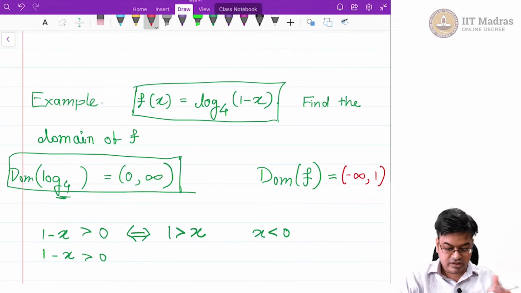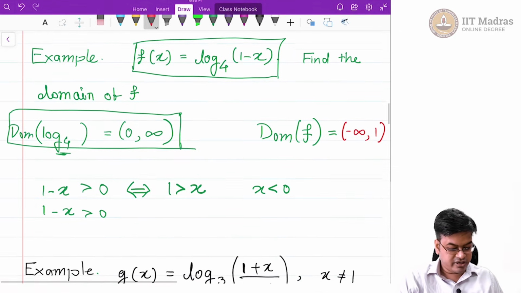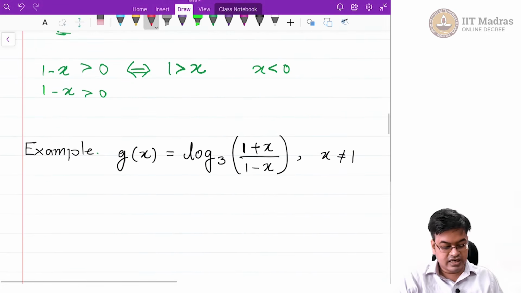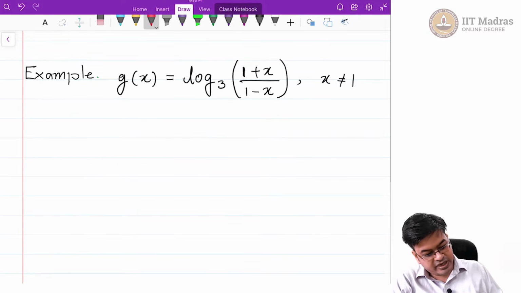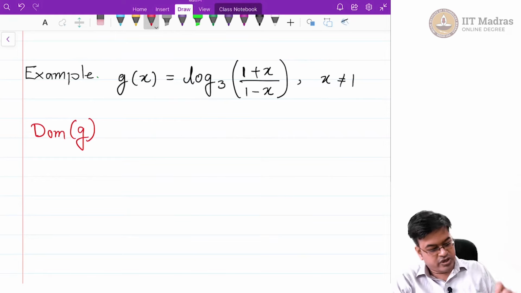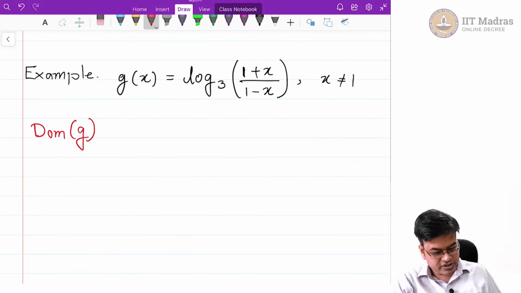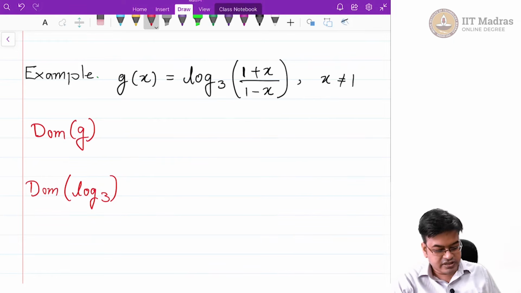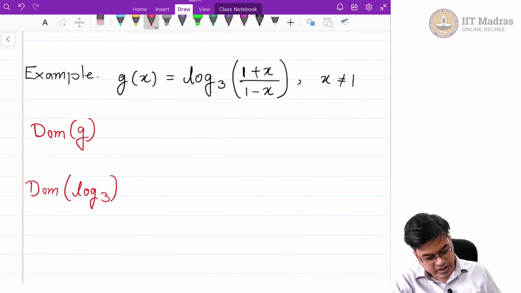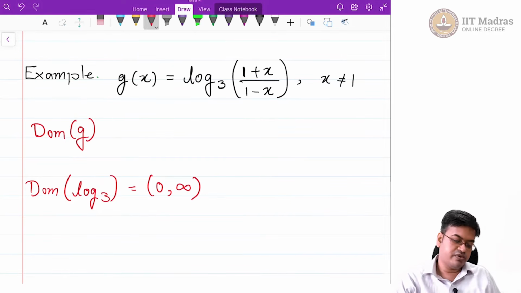Now let us enhance our understanding by finding the domain of a function which is slightly more complicated than this one. Our question is to find the domain of this function g. In order to find the domain of g, let us first understand the domain of the function log to the base 3. This function is defined when the argument given is between 0 to infinity.